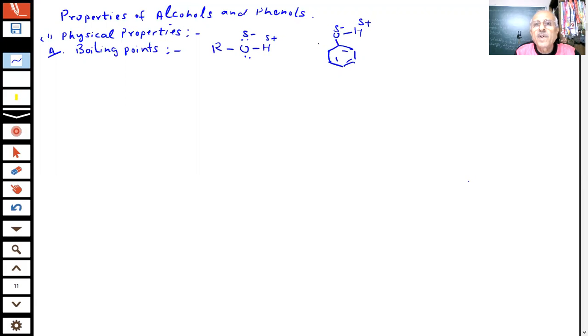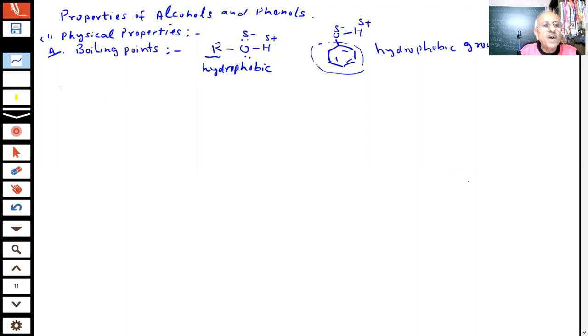But this group has no charge. This is the hydrophobic group, which will not dissolve in water. The R group is hydrophobic. So there are two groups, one which will dissolve in water and one which will not.